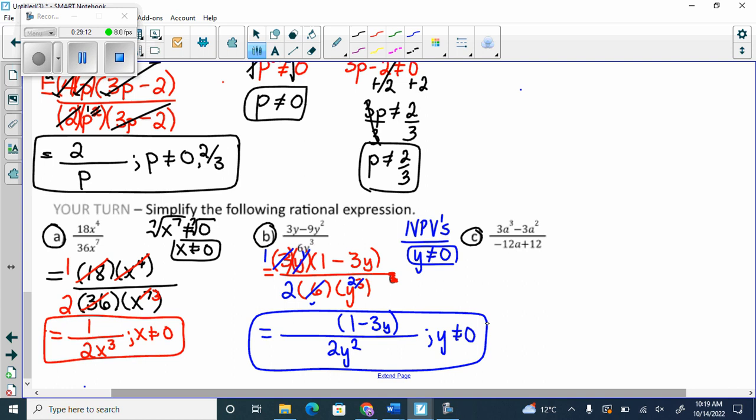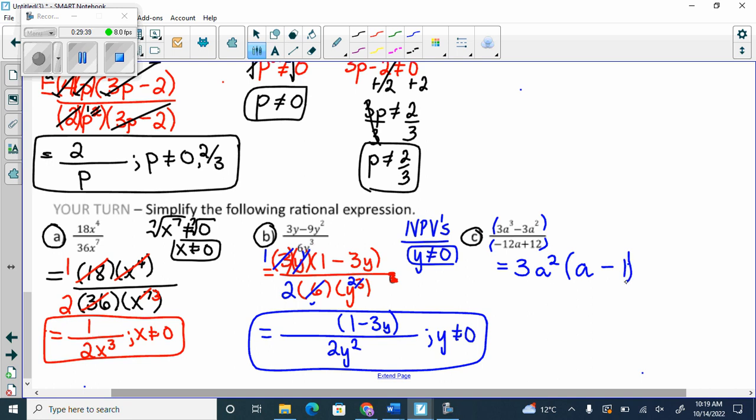C, what can I take out of the numerator? 3a squared. Because these are sewn together. So I can take out a 3a squared. And then I'm left with, if I take a 3a squared out of 3a cubed, what am I left with? An a minus 3a squared over 3a squared, 1.